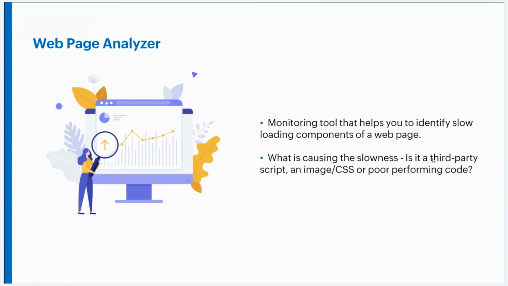When a web page renders, it might have various components that constitute the page: CSS styles, JavaScripts, images, etc. So this web page analyzer can track the transactions that take place when all these components load. It basically gives you a visual representation of critical metrics related to each of these transactions. This will help you to understand which component loads slowly. This way, you can prevent website downtime and slowness and help the website perform optimally.